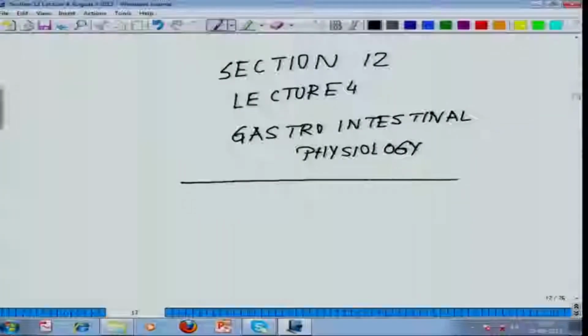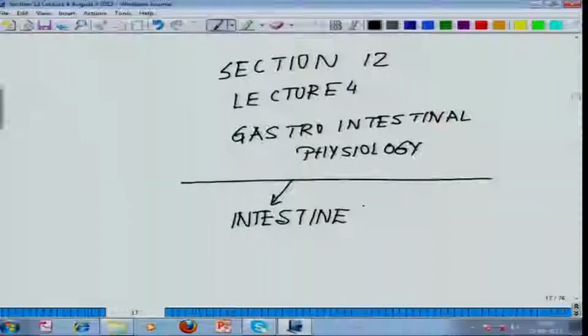So, getting back to the slides. We are in section 12, and we will be talking about the intestine. Another thing I am going to talk about today is the pancreas.